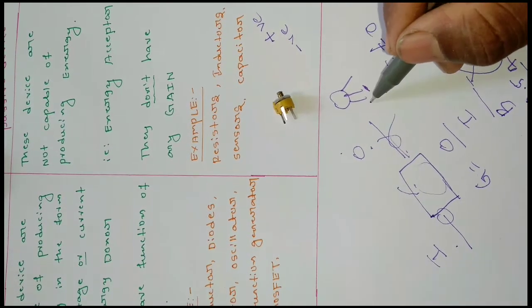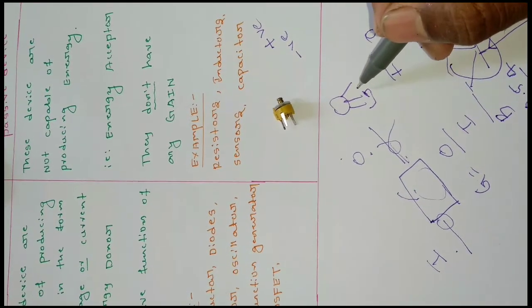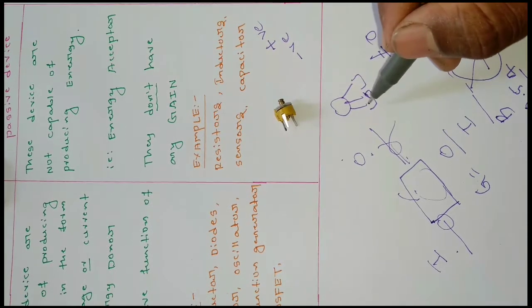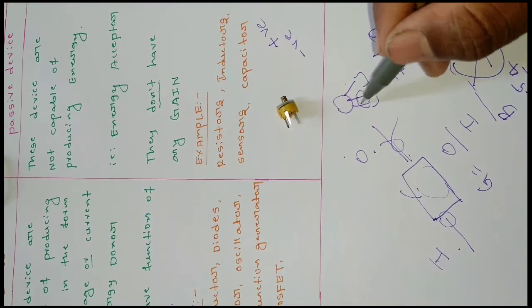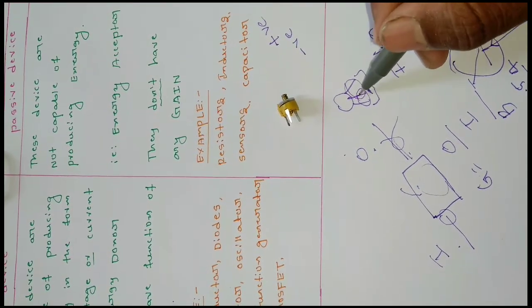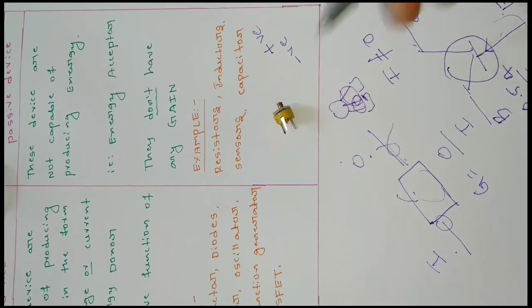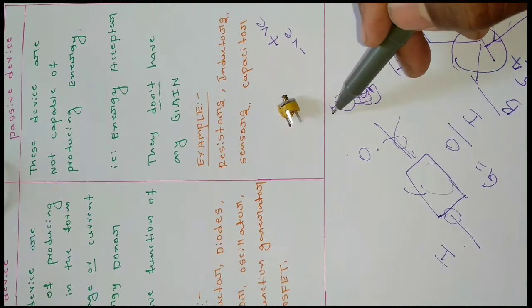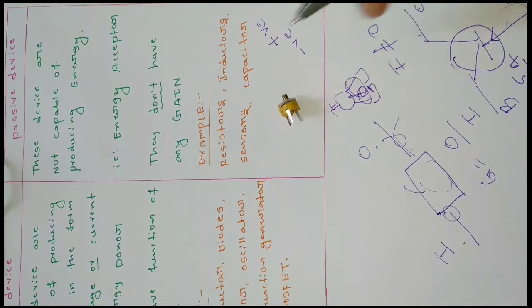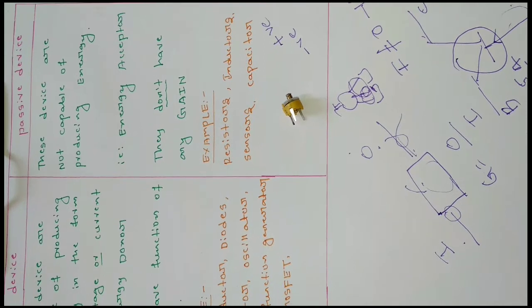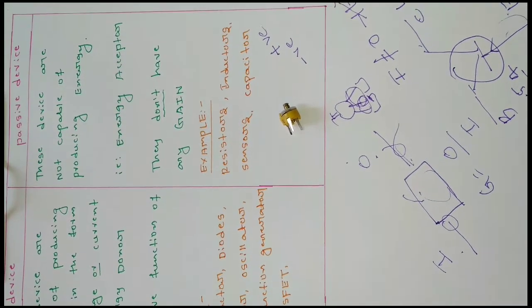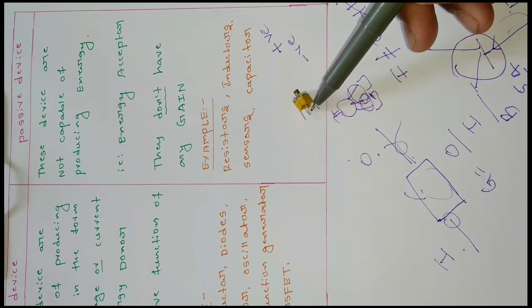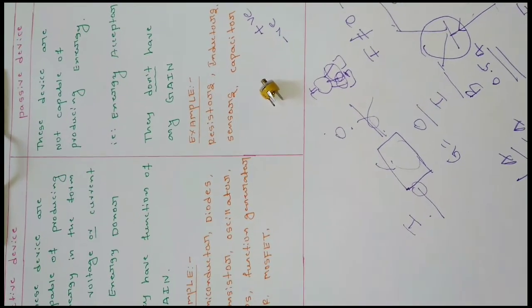So you can use either this combination or this combination, and the middle one is common for both. It has a notch over here. By rotating this notch, we can vary the capacitance. It is denoted something like this, which means a variable capacitor. These are the examples of passive devices.